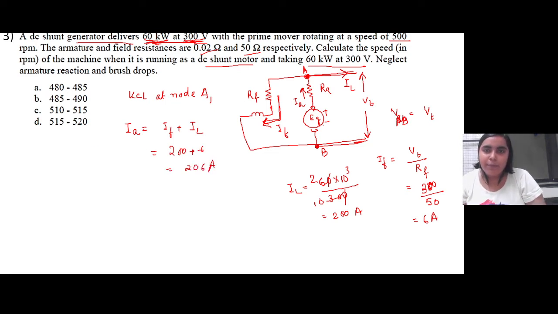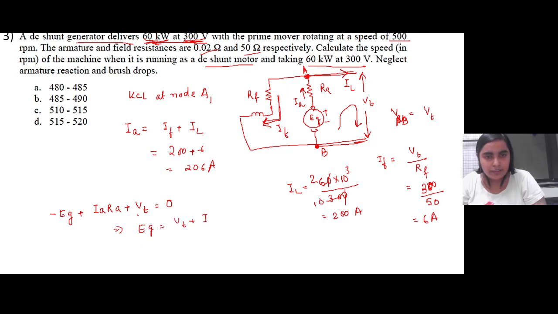Now if we apply KVL across this particular loop, we have minus EG plus IARA plus VT is equal to 0. So we have EG equal to VT plus IARA. We are applying KVL across this loop.